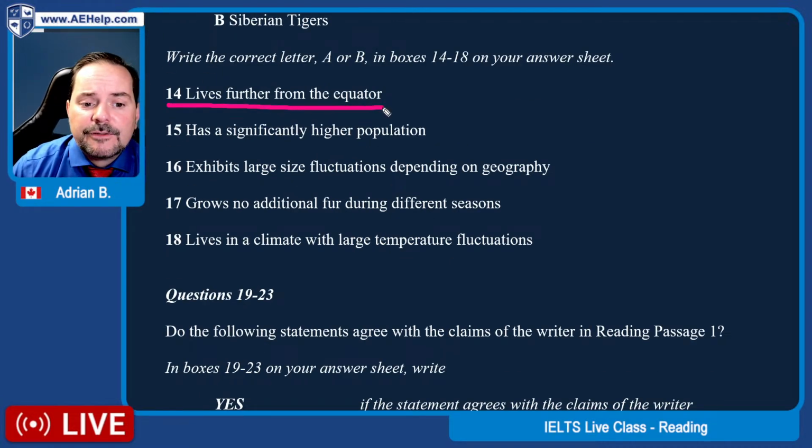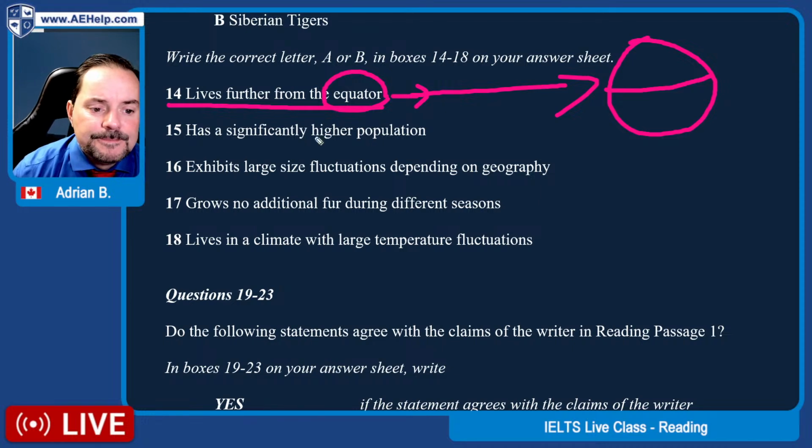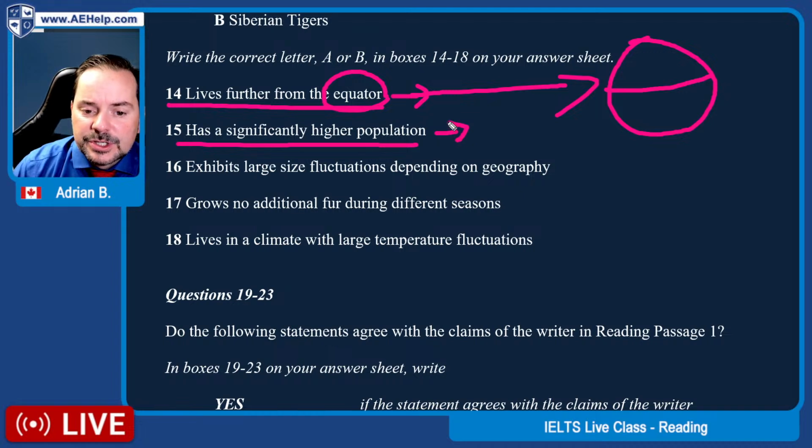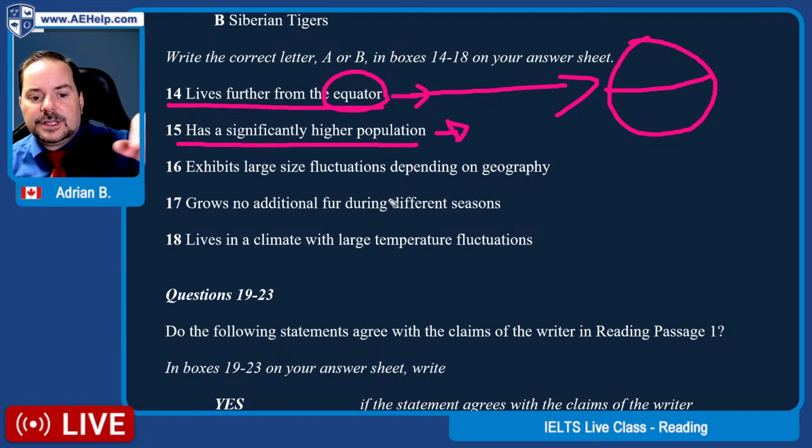Lives further from the equator, so a greater distance from the line that separates the world or cuts it in half. So when we have the world here, that line that goes through the middle, that's called the equator. Okay. Has a significantly higher population, so there are more numbers of one type. It's a lot more, significantly higher population.